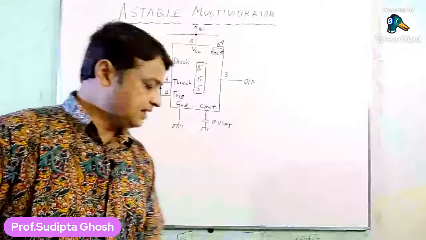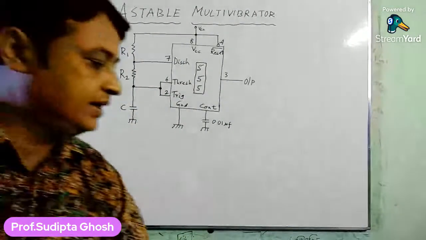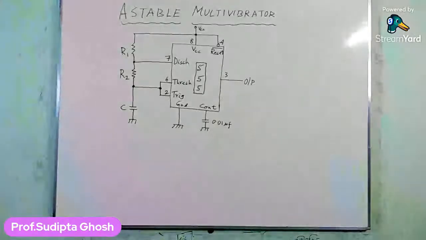Let's consider that initially the circuit is switched on, that is, the power supply is switched on. What happens then? Here you will find two capacitors.